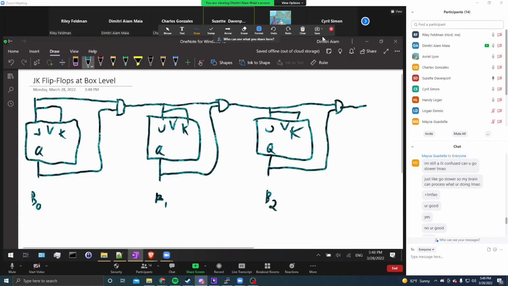Does it matter how we draw it, if we want to do vertical or horizontal? I don't think so. Okay. And the last thing would be the clock. And then the clock goes inside this. Those little triangles are the clocks. Yeah. Then we have the clocks.